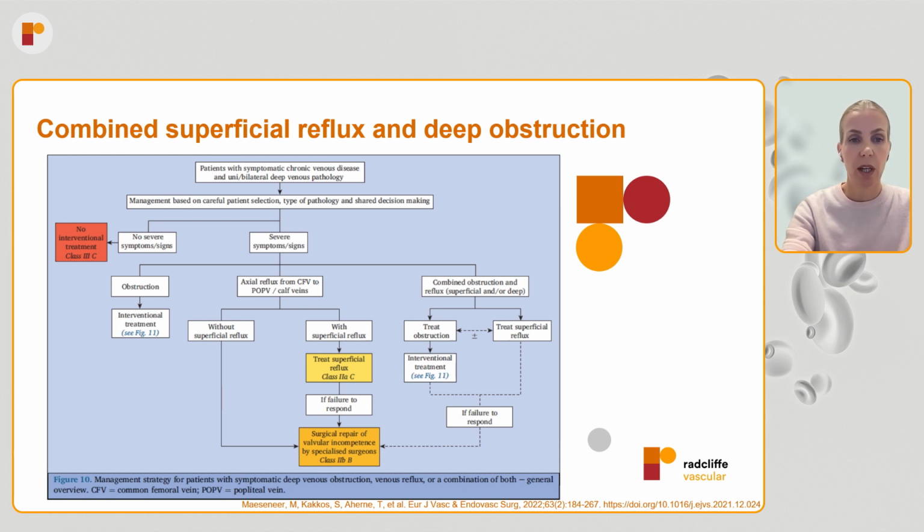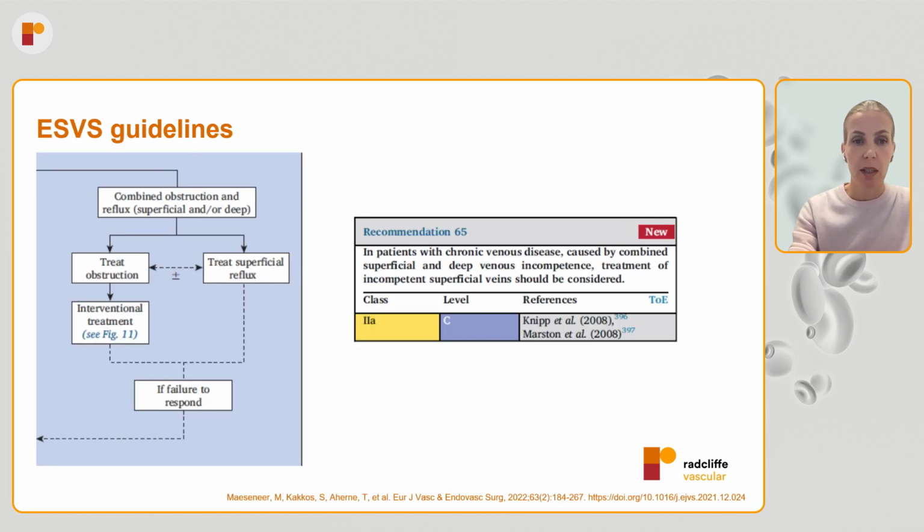So in the guidelines, there is an overview that helps you if a patient comes to you that has combined superficial reflux and deep obstruction. What is specified there is that you can either treat the obstruction or the superficial reflux, whichever one you want to treat first.